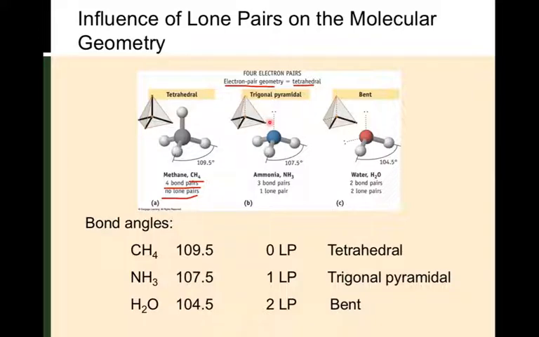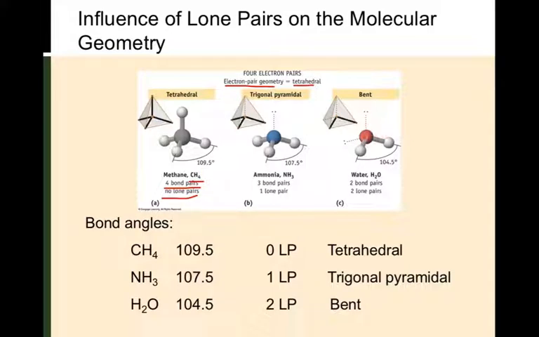It increases their repulsion because they're getting closer together, but because the lone pair repulsion is stronger than the bond pair repulsion, we see a compression and a reduction of that bond angle. That bond angle becomes 107.5, a reduction of about 2 degrees, which is not an insignificant amount.